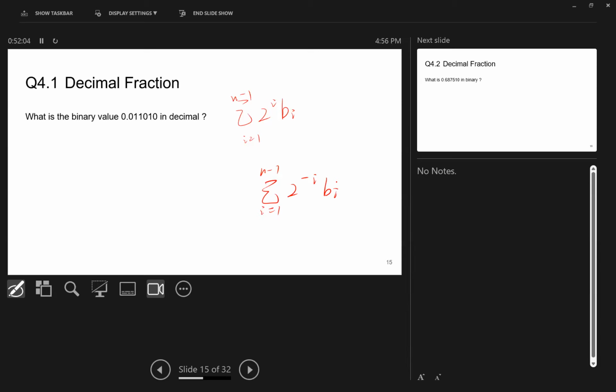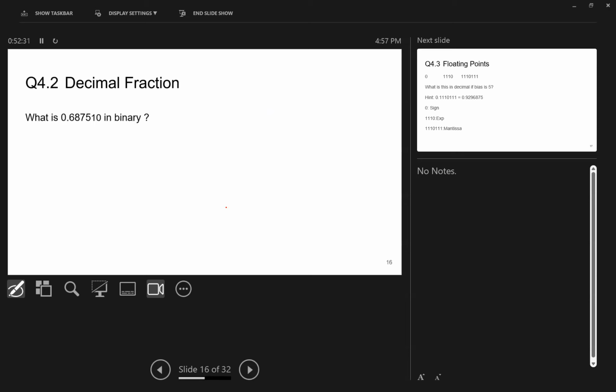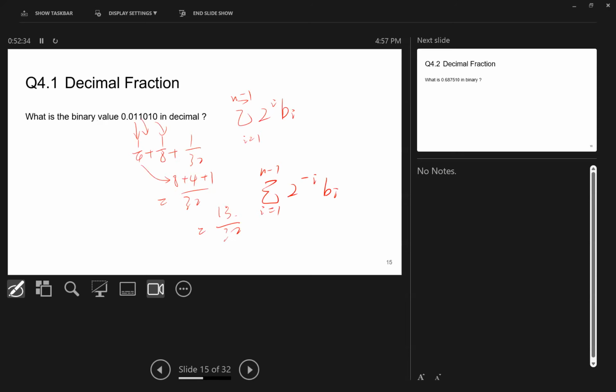So we just do addition. Here is 1/4, here is 1/8, and here is 1/32, so the addition result should be this, right? Okay, so that's how we transform binary fractions to decimal fractions.